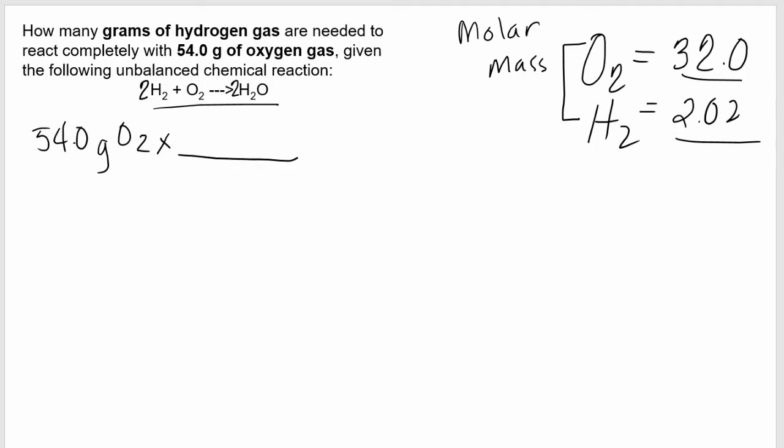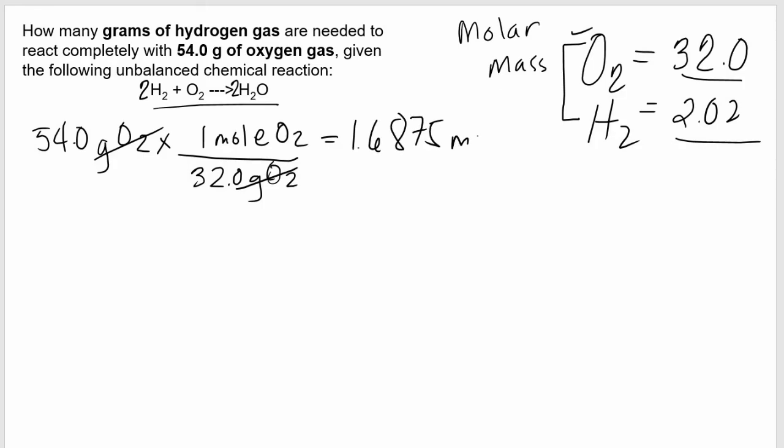So, given tayo ng molar mass, okay, we have 32.0 grams of oxygen is equivalent to 1 mole of oxygen. So, we have 54 times 1 mole. So, cancel na natin ito nasa ilalim. Divided by 32. So, we have 1.6875 mole of oxygen.